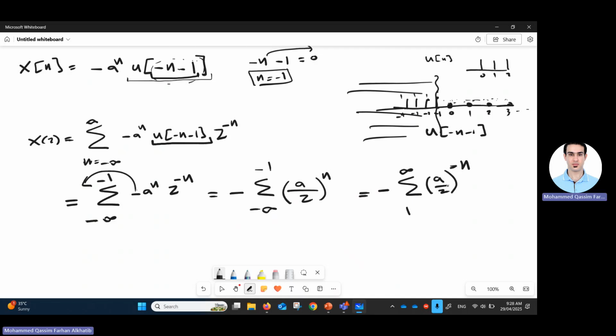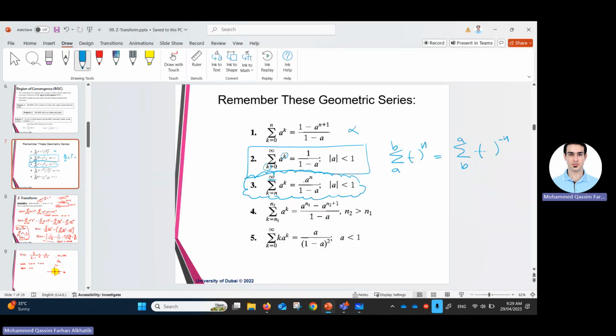Now a over z to the negative n is basically z over a to the power n, from 1 to infinity. Just when you take the reciprocal, you're raising it to a negative power, and negative and negative will change. Now, I think we can find this expression from the tables.